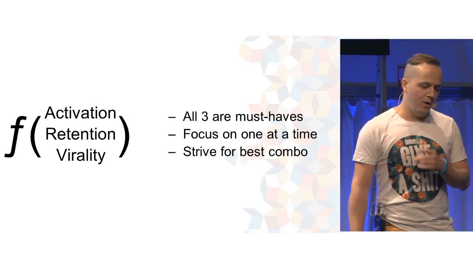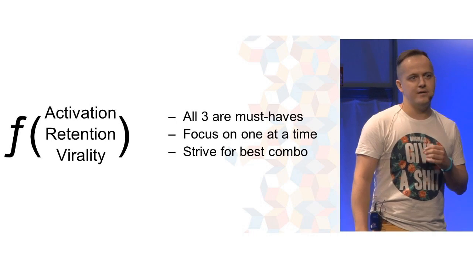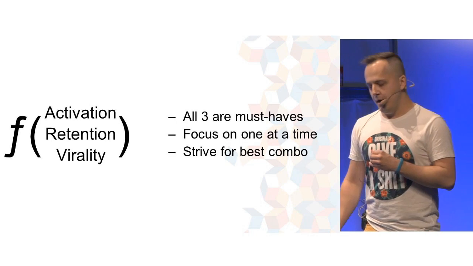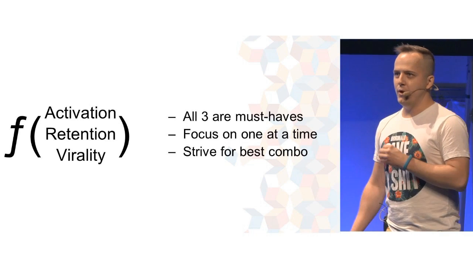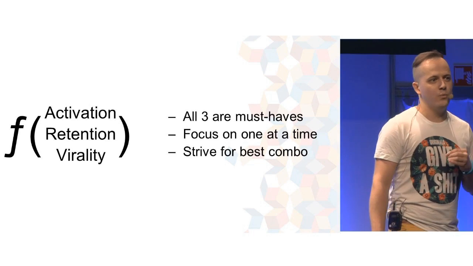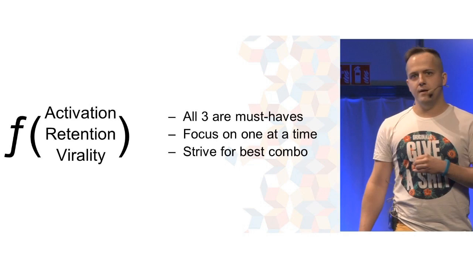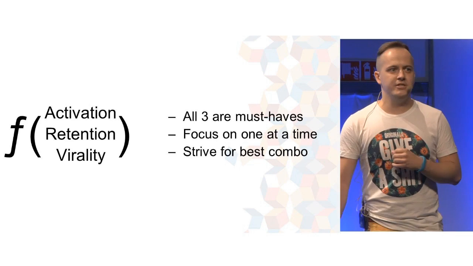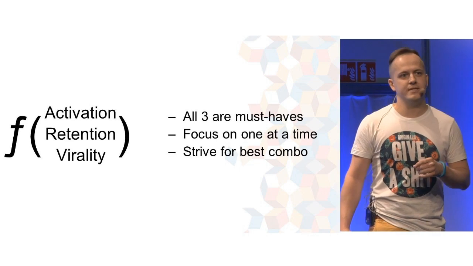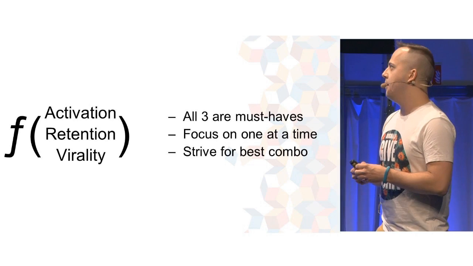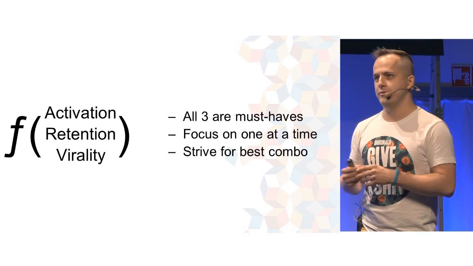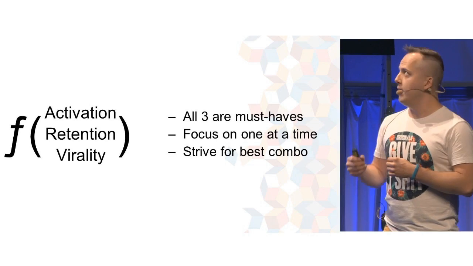We think that all 3 elements are required and must-haves. However, we always try to focus on one at a time. So we know what we are changing and we focus on a set of metrics, and not on a whole different set of things where you can miss something.